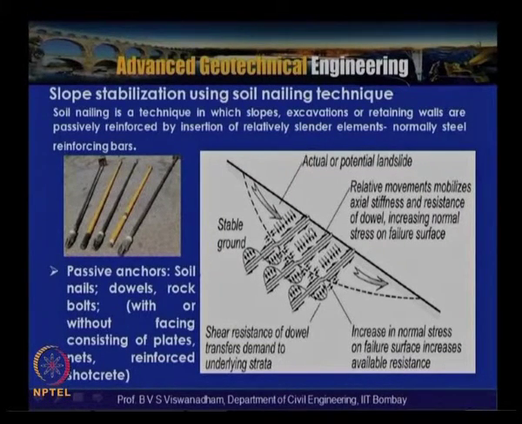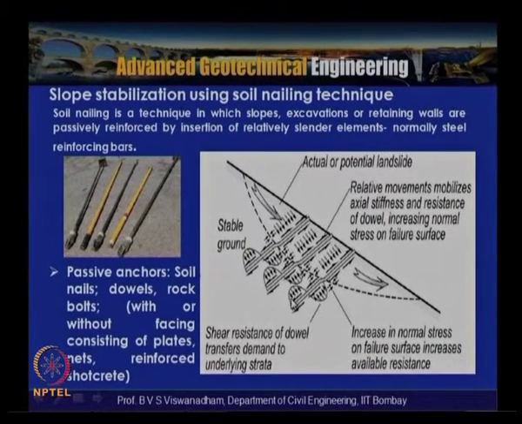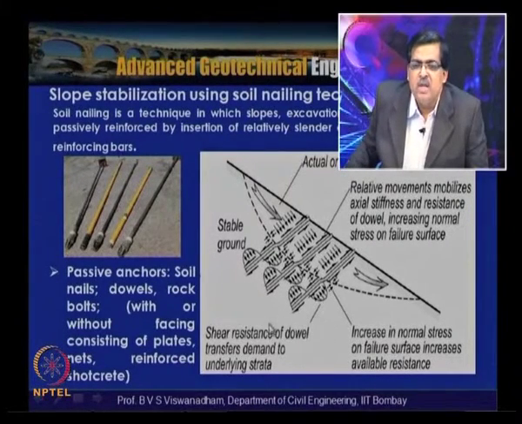So what will happen is that the relative movements mobilize axial stiffness and resistance of the dowel or soil nail and increase the normal stresses on the failure surface, and basically it enables a mechanism which develops the resistance against the failure, and the shear resistance of the dowel or a nail transfers demand to the underlying strata, that is in the stable ground, and the increase in normal stress on the failure surface increases the available resistance.